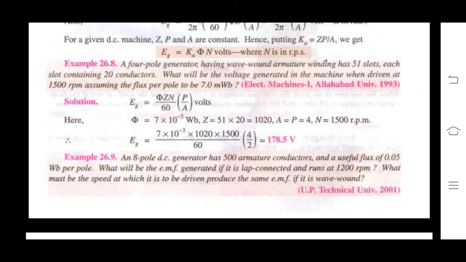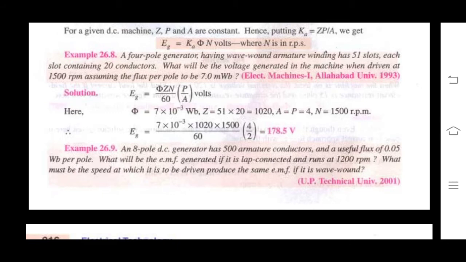Again, a 4-pole generator having a wave wound armature winding has 51 slots, each slot containing 20 conductors. So 51 into 20, that equals 1020 conductors, because Z equals slots into number of conductors per slot.